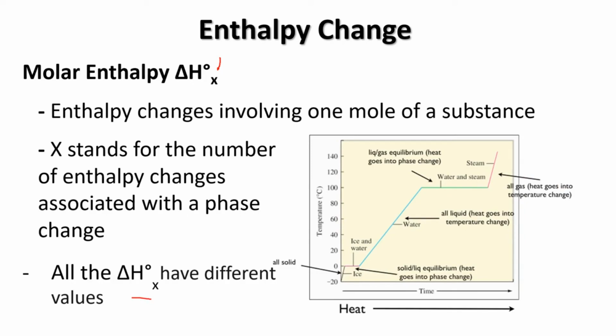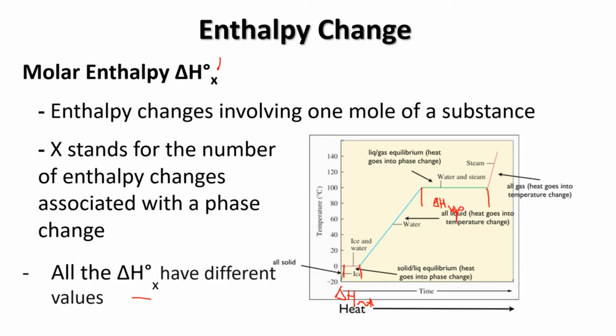So what's happening on our straight line portions, from here to here, we would have one particular delta H value. This would be your delta H melting. Now you can have a whole bunch of different things here. We get up here, we've got water, so this would be a delta H of vaporization.